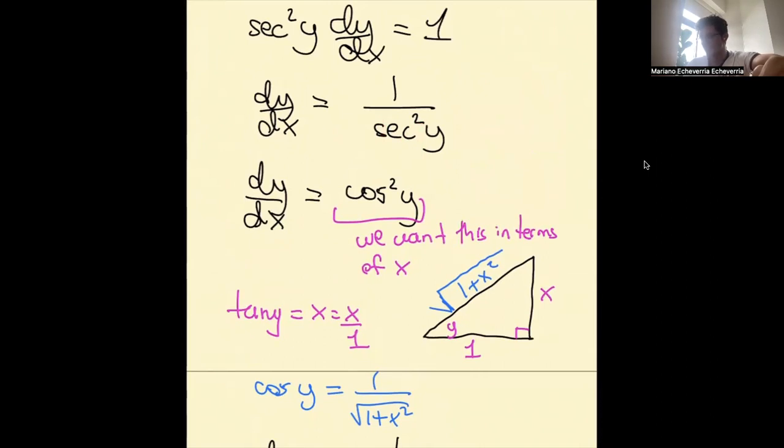It's useful to remember that secant of y is 1 over cosine. I mean, you should remember the trick with the triangle. Yes, it's important to know how to find these derivatives. It may or may not be on the exam.